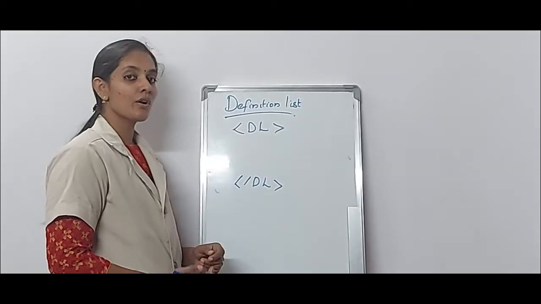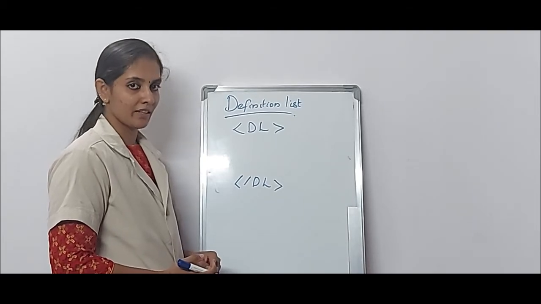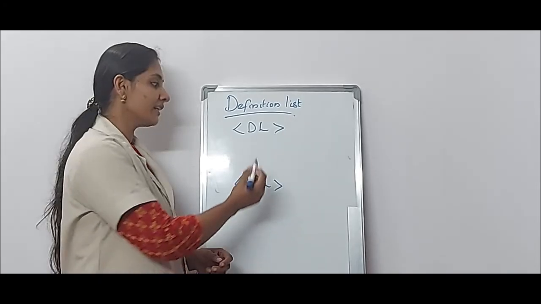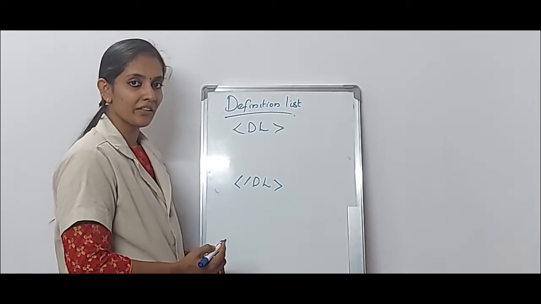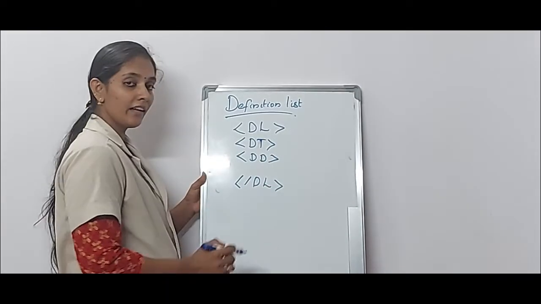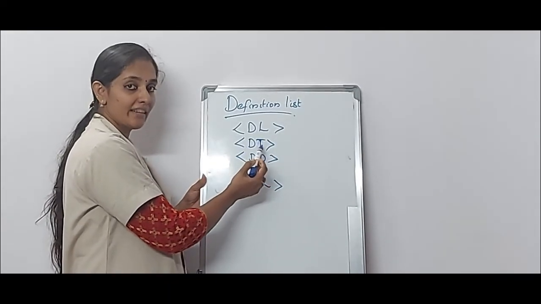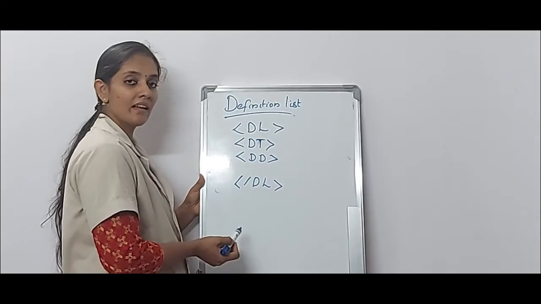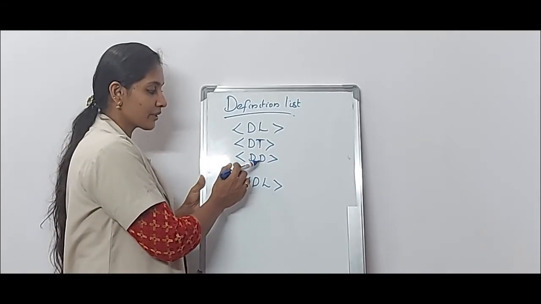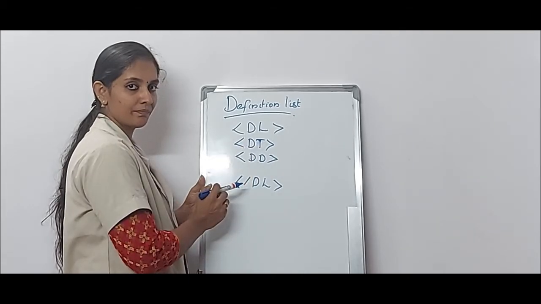The definition list is created by using DL tag in conjunction with DT and DD tags. Here DT means definition term and DD means definition term's description. This is the description of this term.